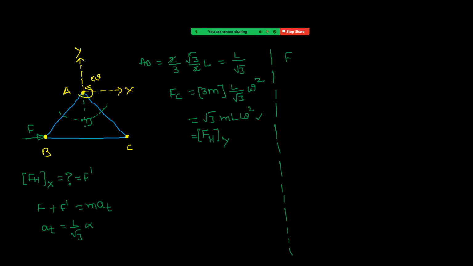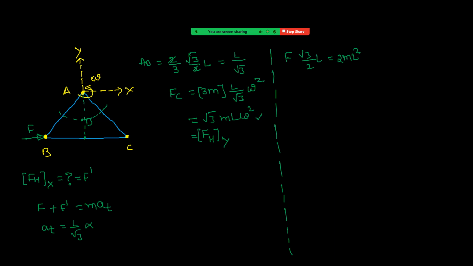From here up to the midpoint of BC, that is root 3 by 2 L. This is the torque about the origin, equal to I into alpha. And when you take the I value about the origin, it is equal to m L square into 2, because of B, m L square, because of C, again m L square, right?